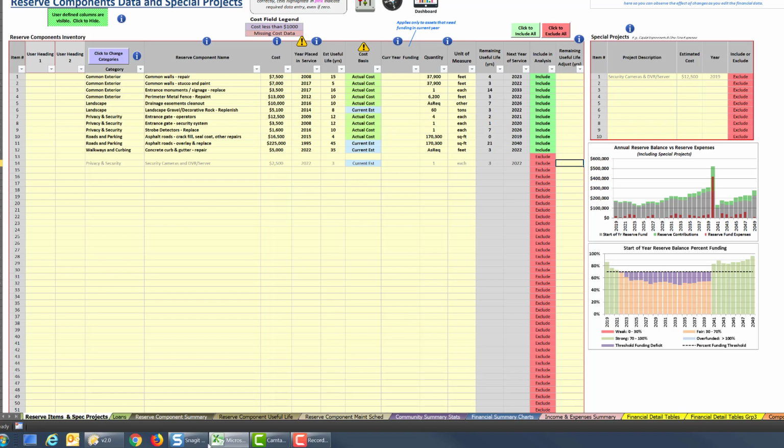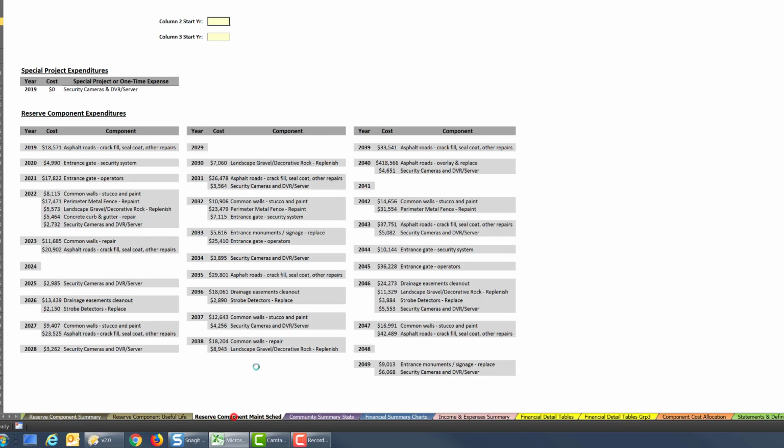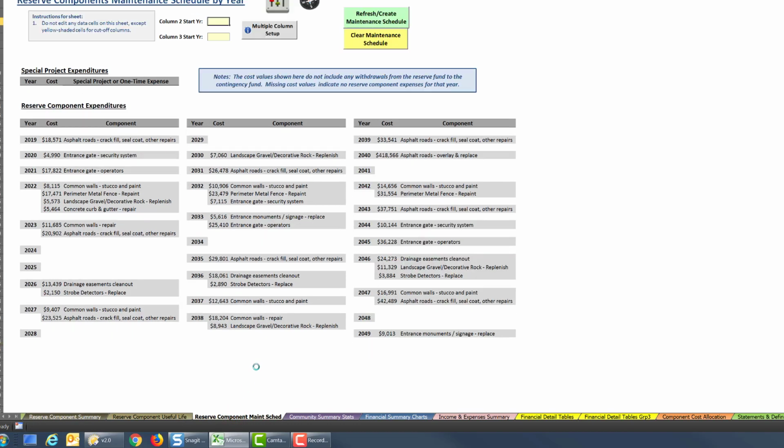Now, all of this data is reflected in the other sheets. For example, if I go to the reserve component summary, it'll reiterate all of those items. We have the maintenance schedule, which continues to be set up so that every year you know what funding requirements are going to be required in order to meet the maintenance and or replacement of various reserve components.